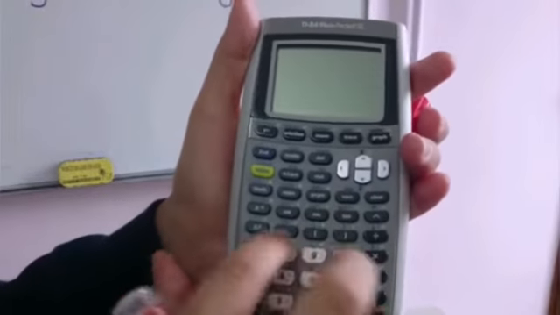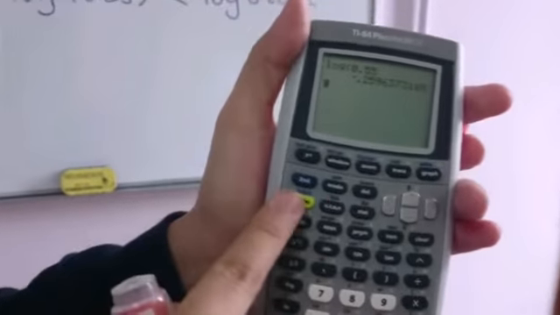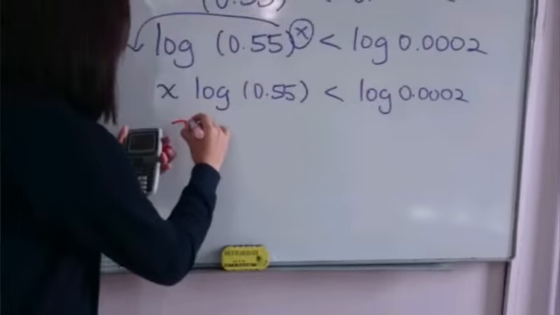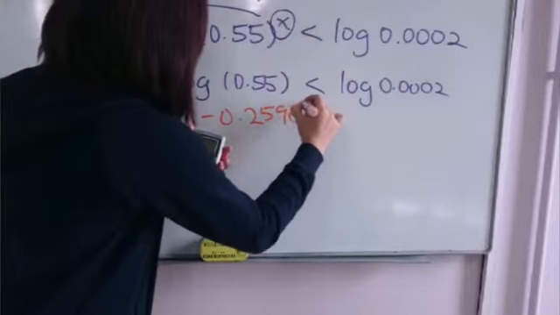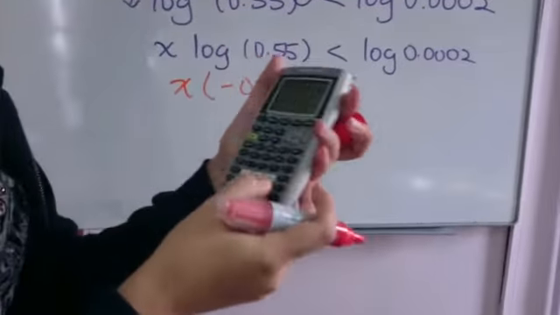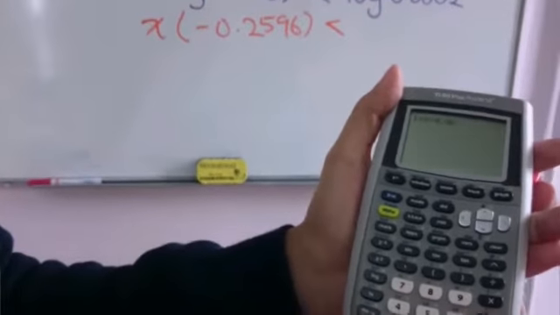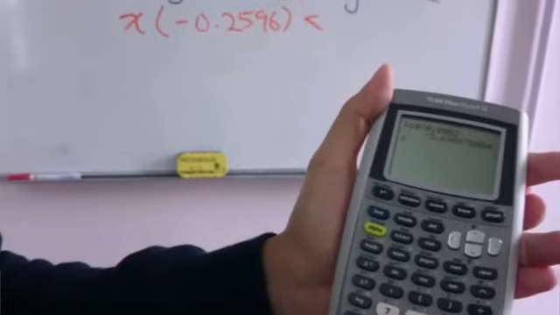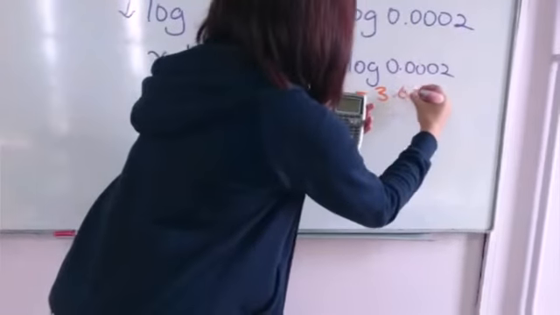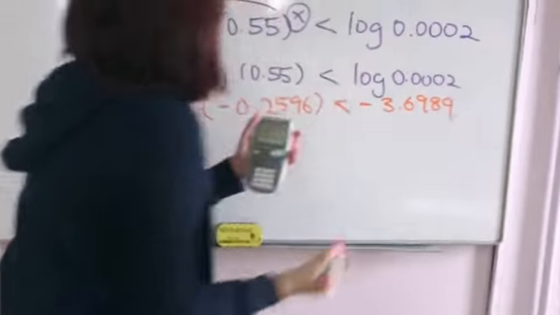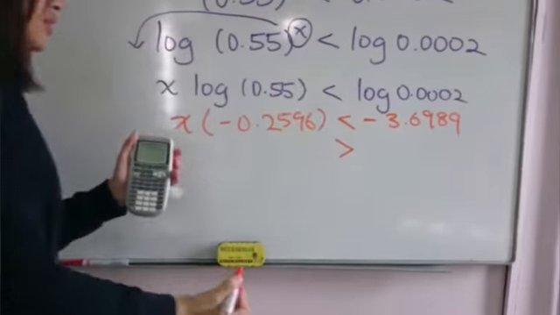When the log 0.55 is a negative value, and log 0.0002 is also a negative value. So when there is negative value, we have to change the sign of this.